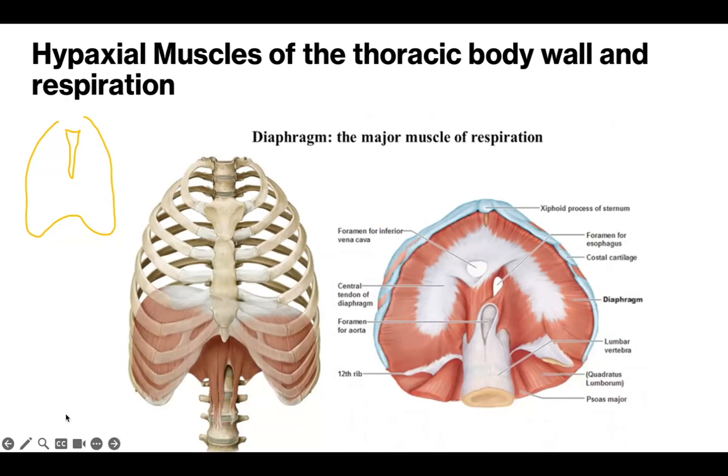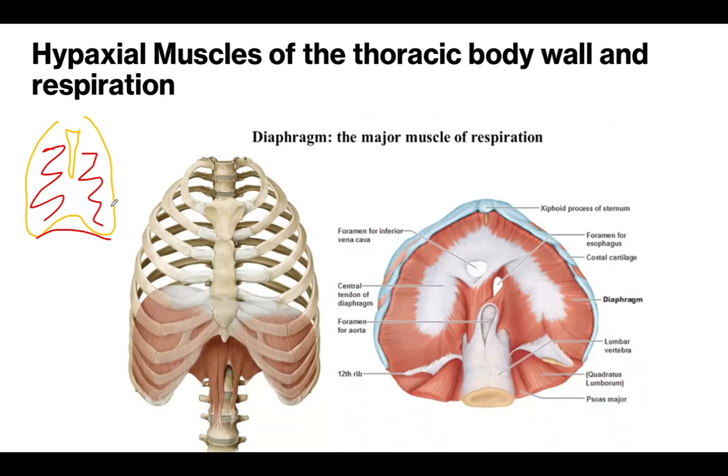Okay, so when it does contract, the diaphragm itself will now be flat. So now we have all of this space. Our lungs have increased their volume, right? There was only so much volume for our lungs, but now we've increased and now we have all of this space. So the volume increases in our lungs, which in turn has an inverse relationship with the pressure.